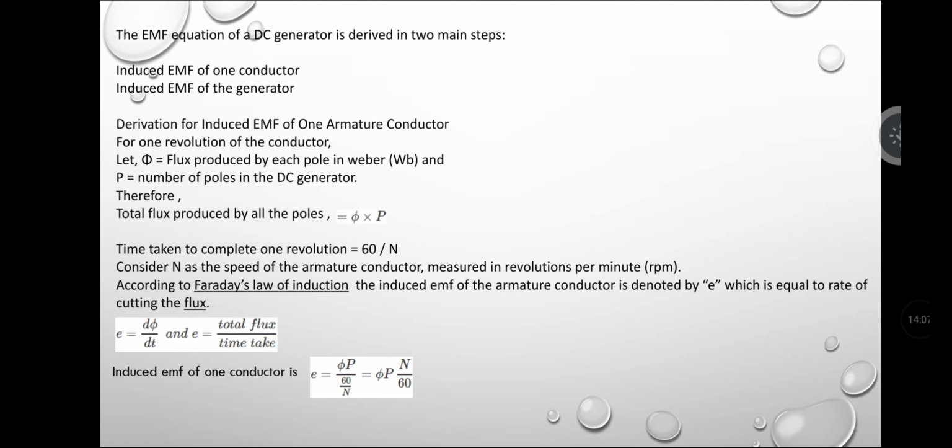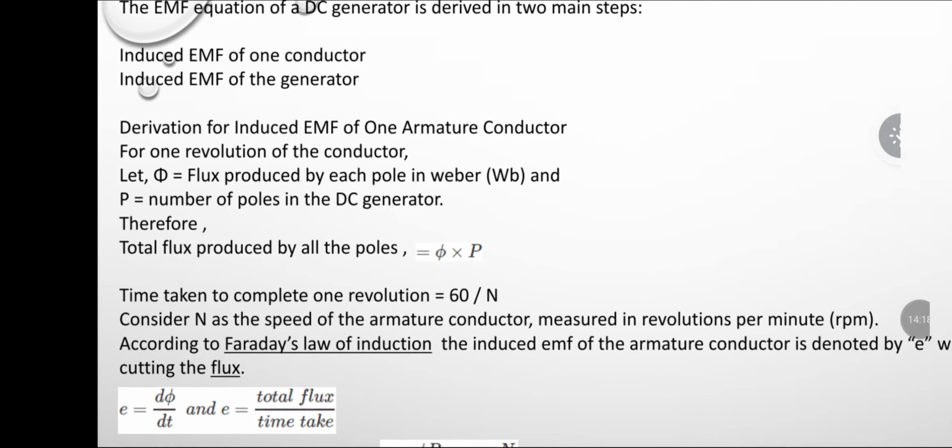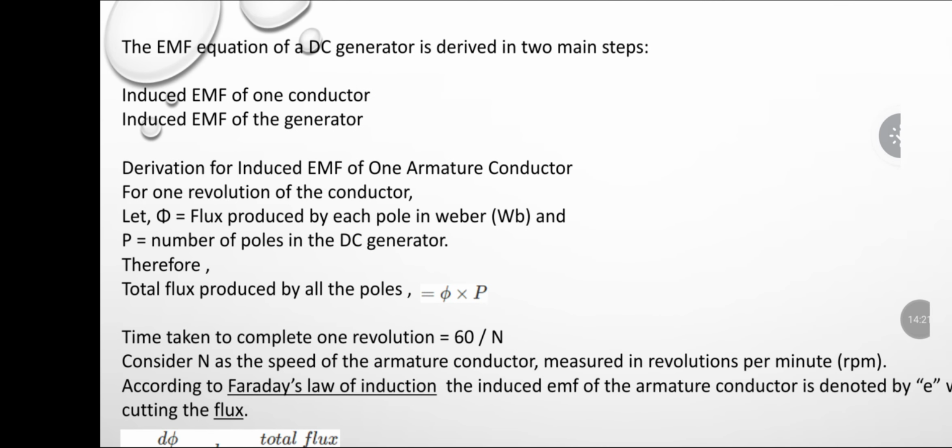Let's talk about the induced EMF of a DC generator, electromagnetic force EMF. So we look at induced EMF in one conductor and induced EMF of the generator. First, how much induced EMF we will get in a conductor. For one revolution of the conductor, let phi be the flux produced by each pole in Weber.